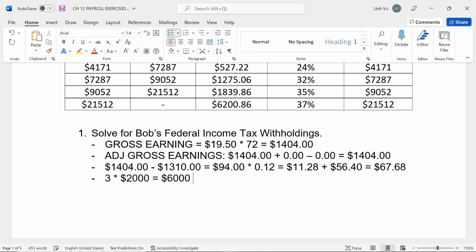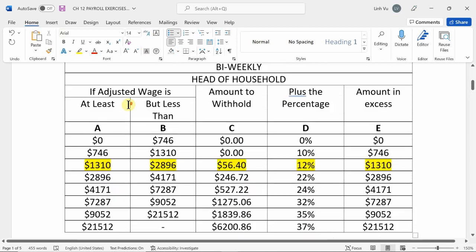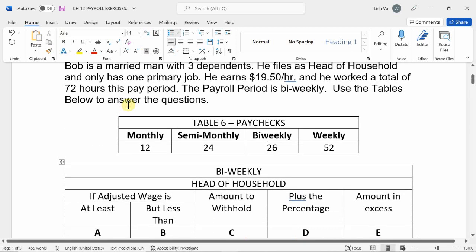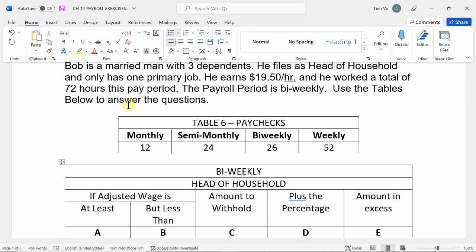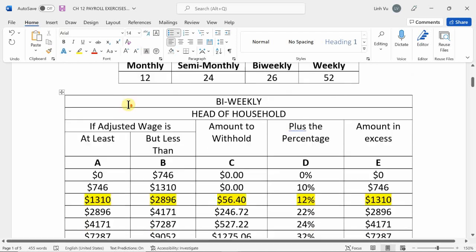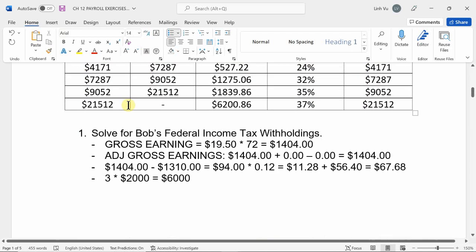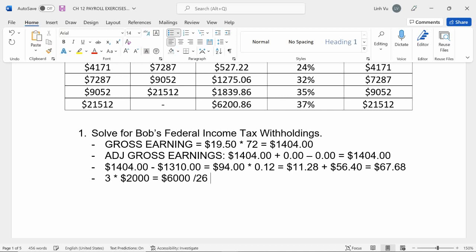Now, that's for the whole year. I need to make this in terms per paycheck. So how do I determine how many paychecks he's going to receive? 26 for bi-weekly. Is he on a bi-weekly? Yes, he is. So 26 paychecks.